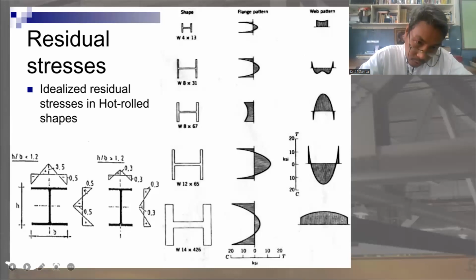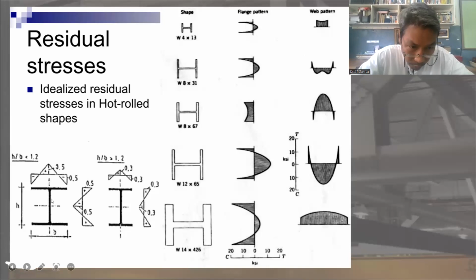Again, 0.5 going that way, and that is positive stress. We use negative stress here at the middle, and then positive stress at the other edge. So these are the stresses on the web.